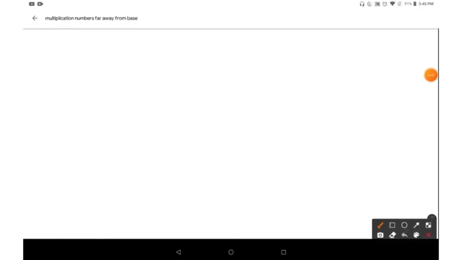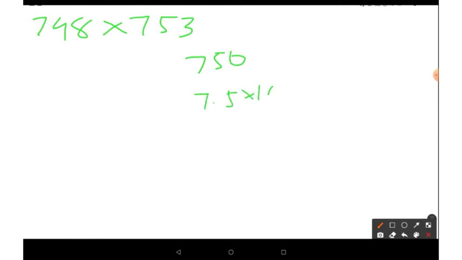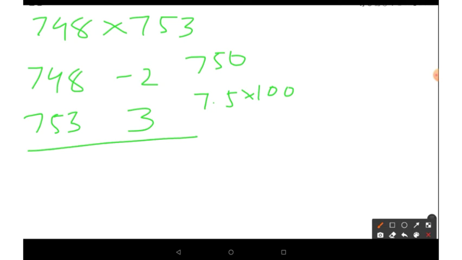Okay, so your question is to find 748 into 753. Same way, our base is 750 and you are going with 7.5 into 100. Let's see how to tackle this. 748, it is minus 2, right? And 753 is 3, if we are going with 750 as the base.